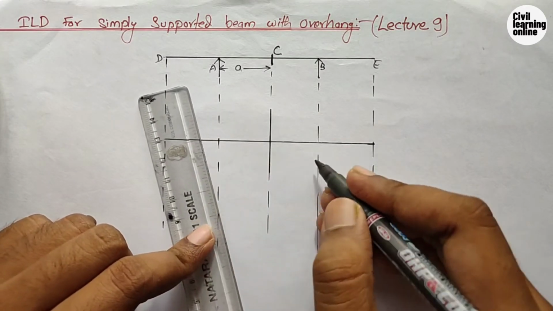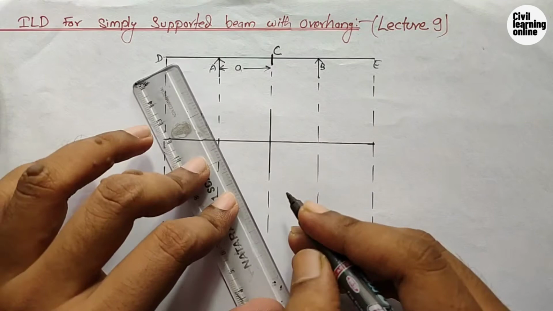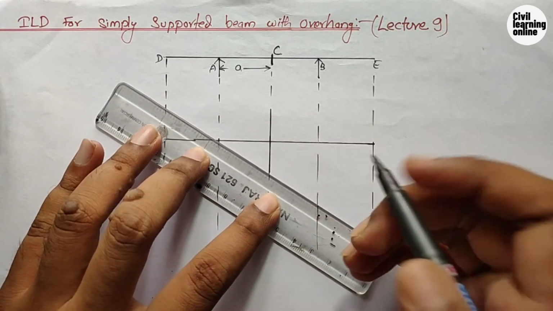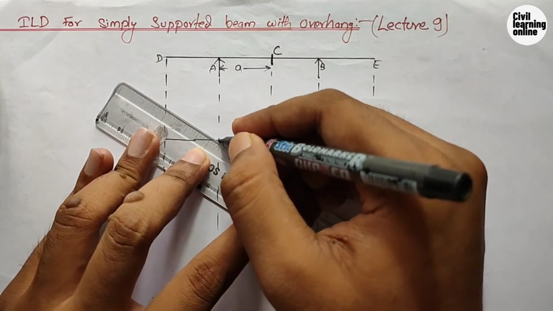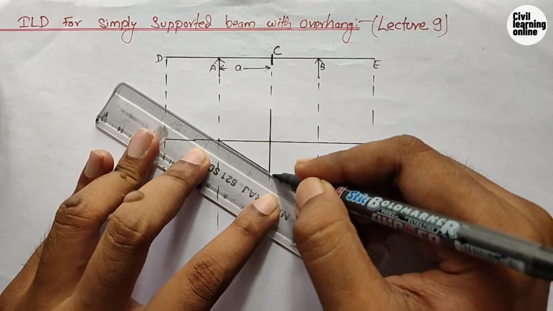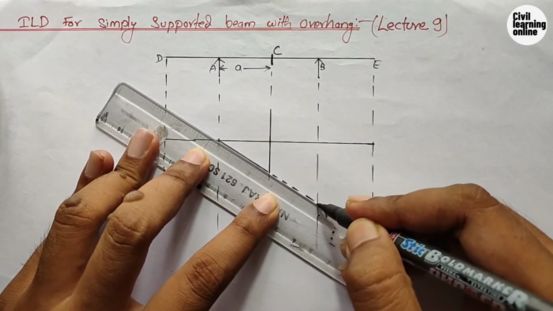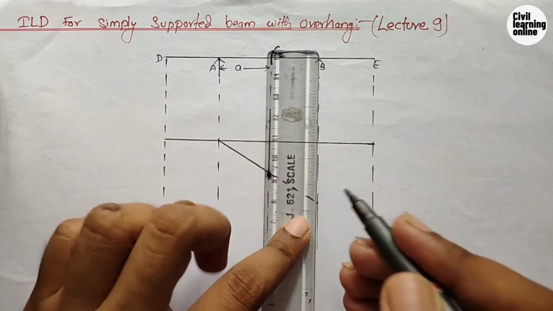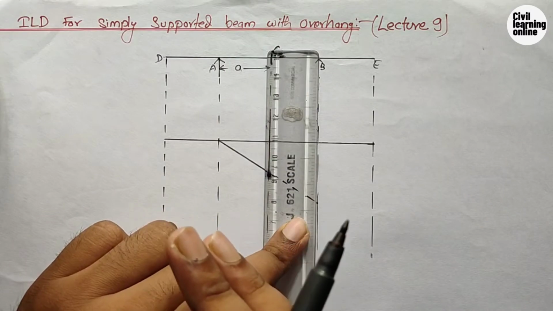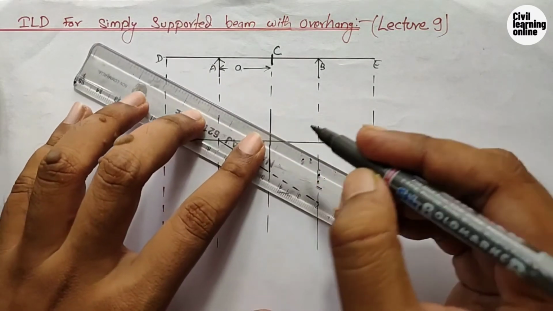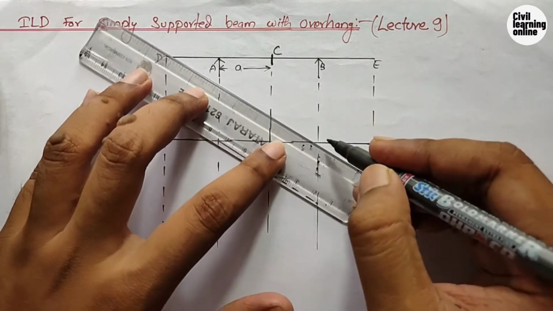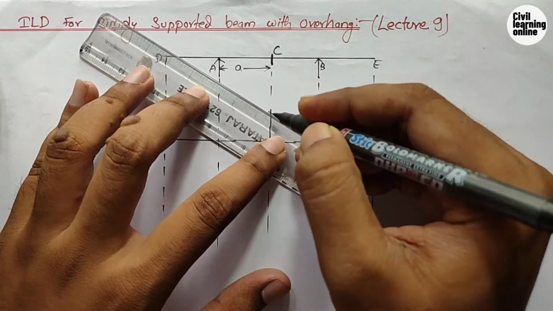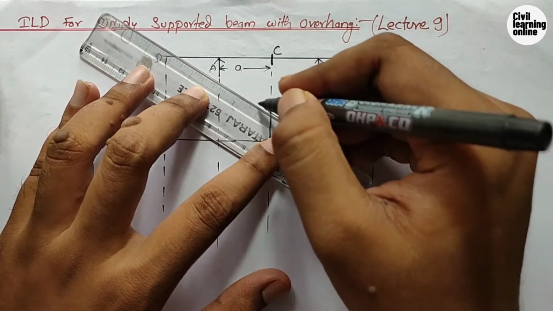If you remember, the influence line diagram for the reaction at B will be of this manner, which will take the negative sign, and why we took the negative sign is also mentioned in that video. Similarly the reaction at support A will be minimum at B and maximum at support A, so it will be of this manner.